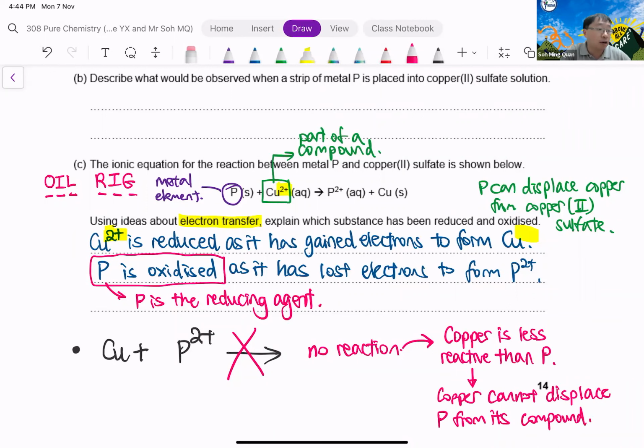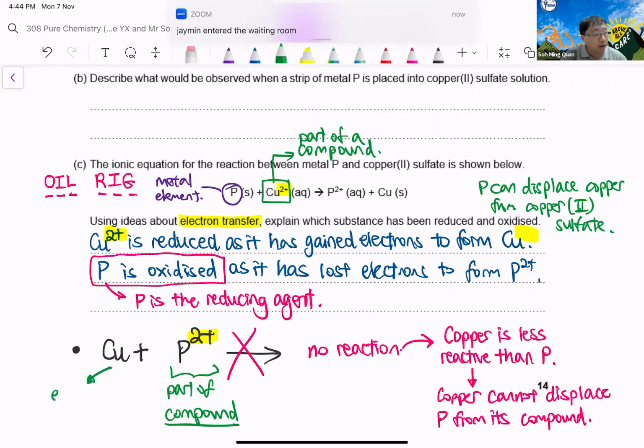So how do you know which one is a compound again? Look for charge. When there is a charge, that means it's part of a compound. So when you see P2 plus, that means P is inside the compound. All right. Whereas this is just the element.